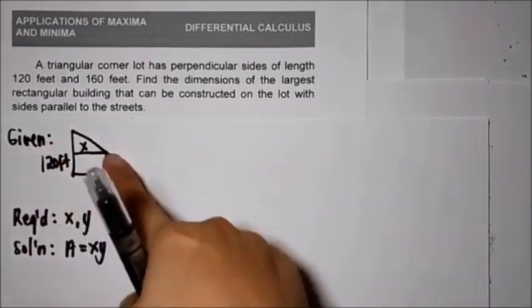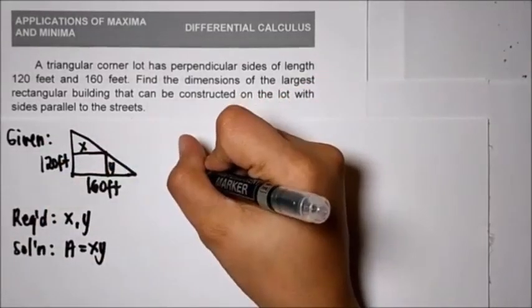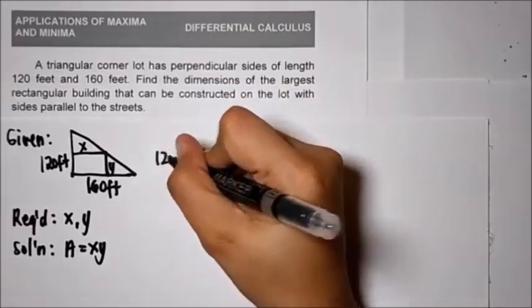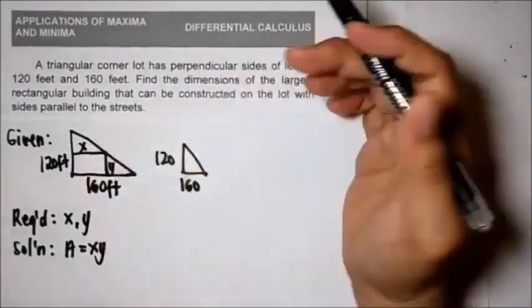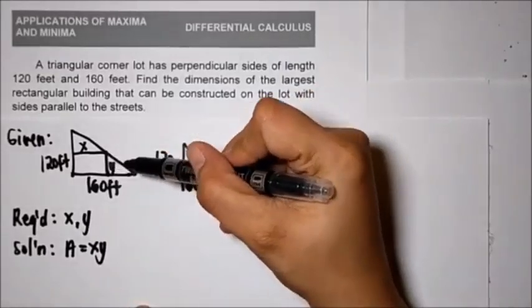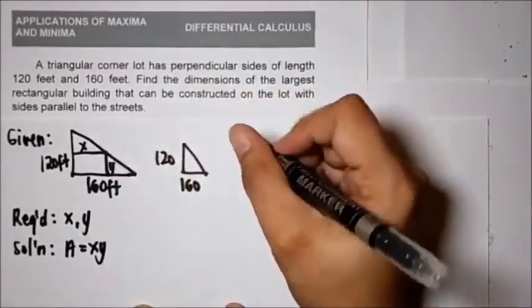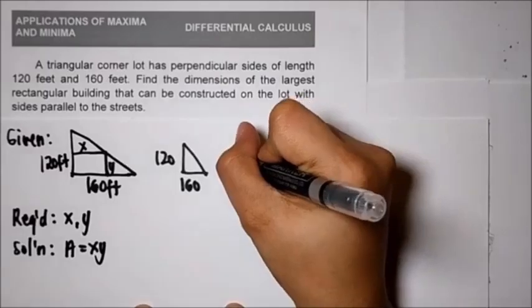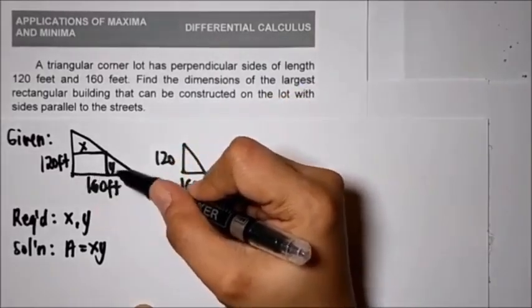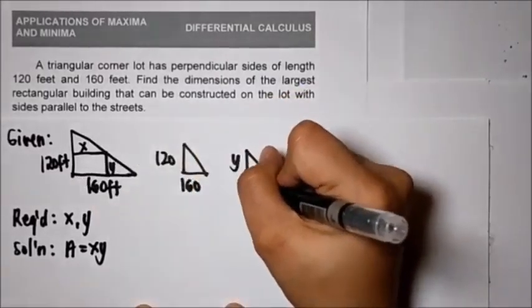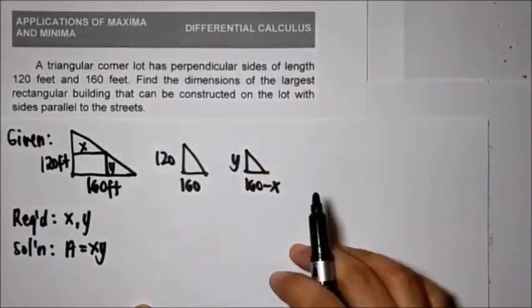So let's use this triangle. The bigger triangle, this is 120 and this is 160. And then for the smaller triangle, you can use this one or the other one. So let's use this one. We have height y, and this is a total of 160. This is x, so this is 160 minus x.